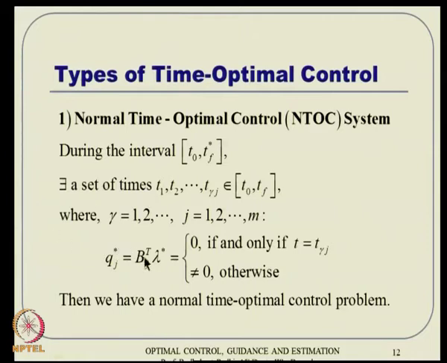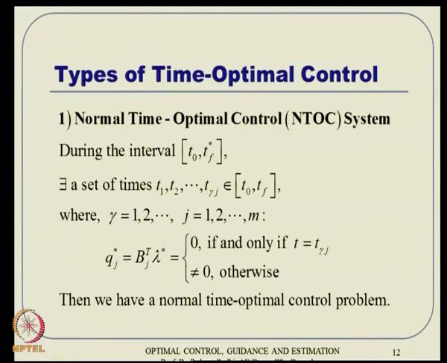So, there exists a set of times T1, T2 etc., where this qj star satisfies this condition. That means it is 0 if and only if T is exactly equal to one of these discrete points; otherwise it is not 0.